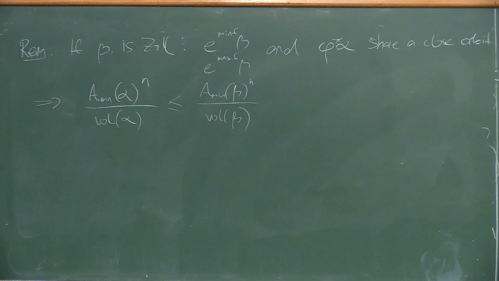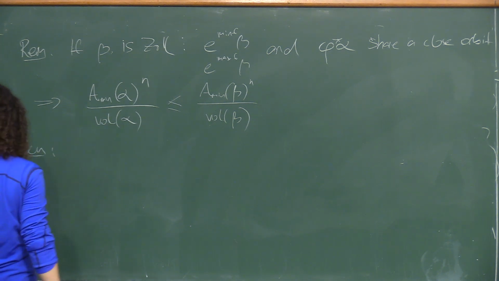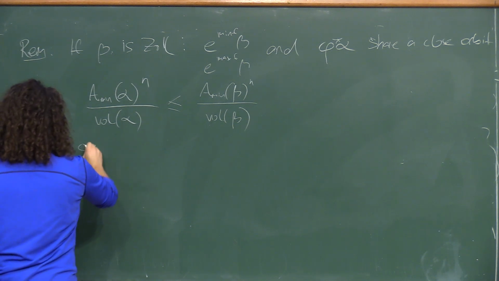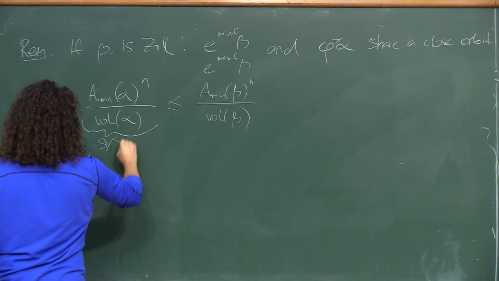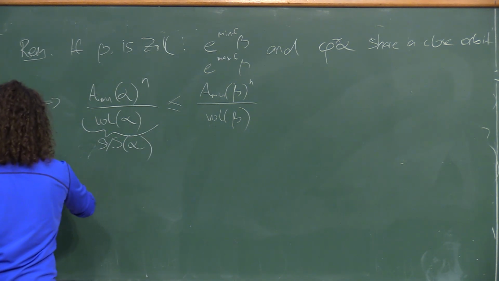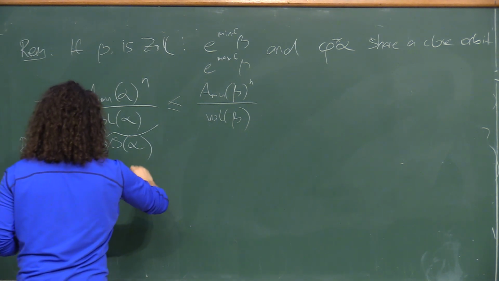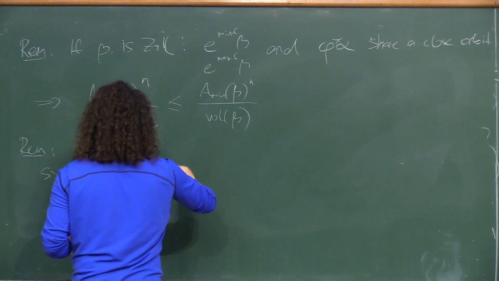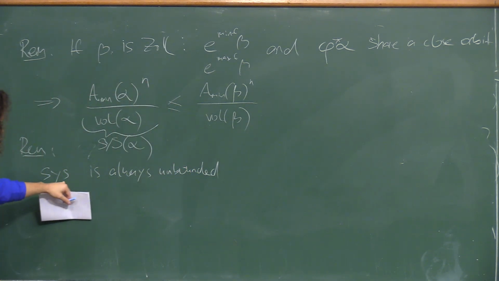And yeah, one other thing we can immediately see from this is, so this quantity here, I want to call it the systolic ratio, rho_sys of alpha, and it's known that the systolic ratio is always unbounded. It's an unbounded function on the space of all contact forms.